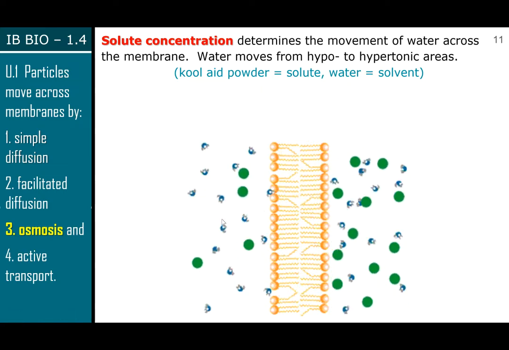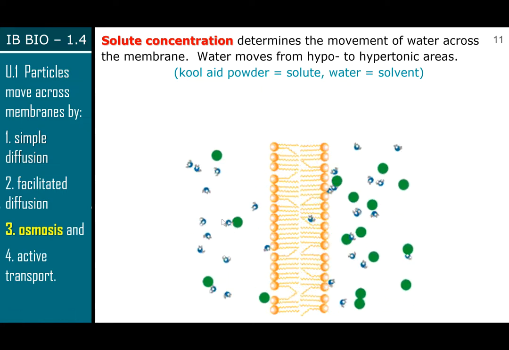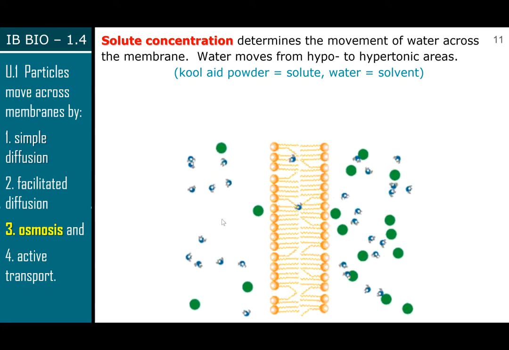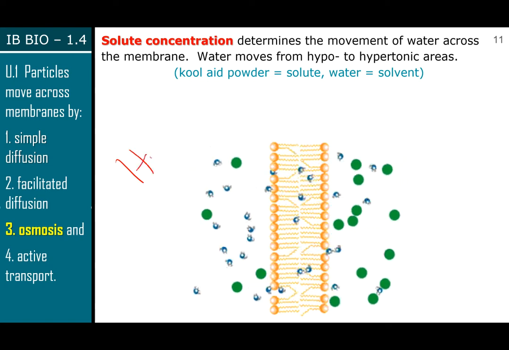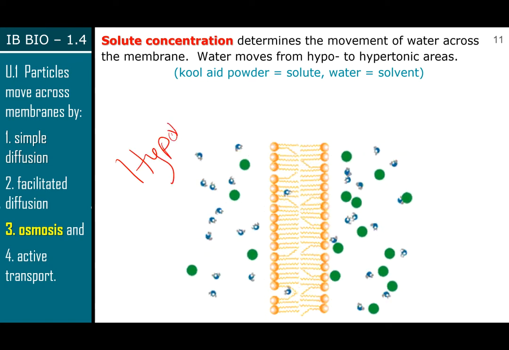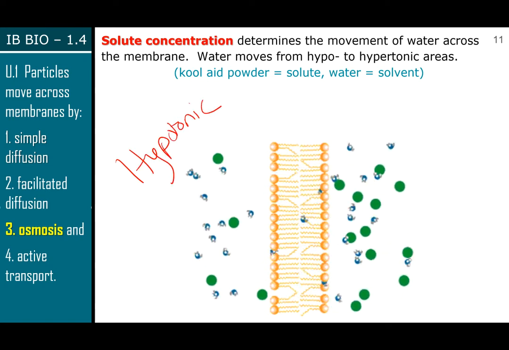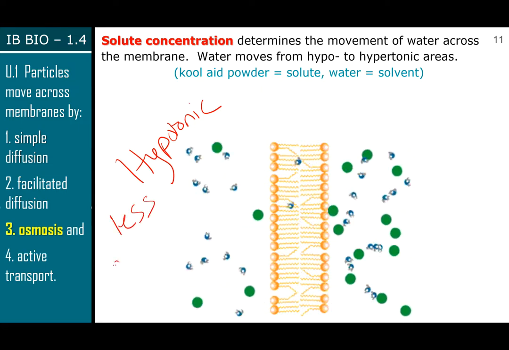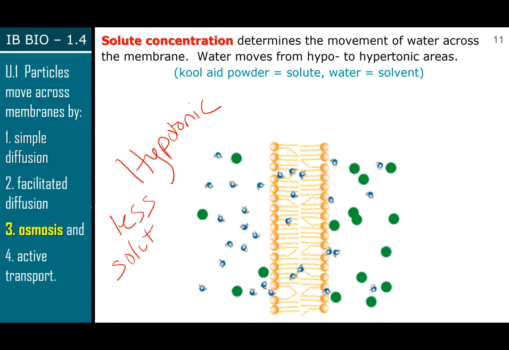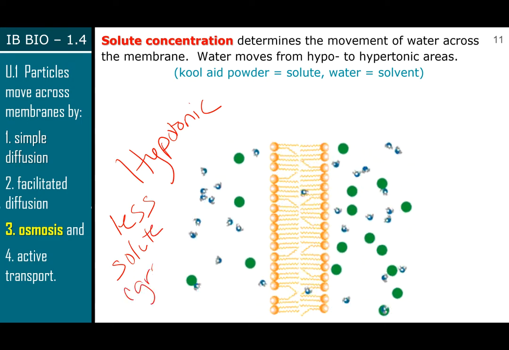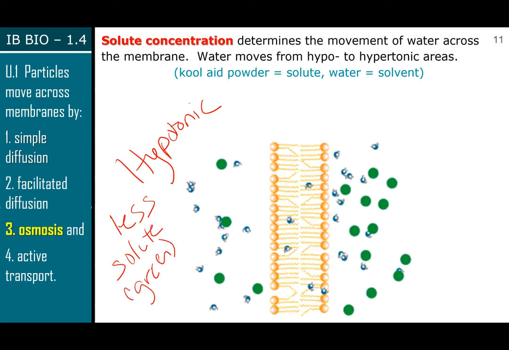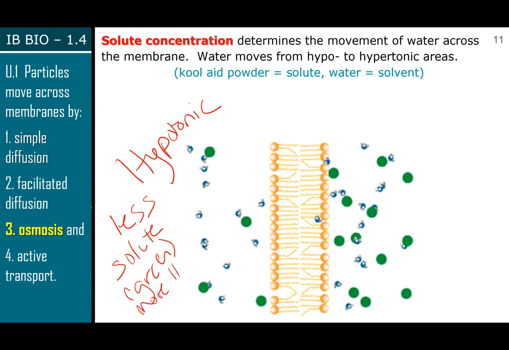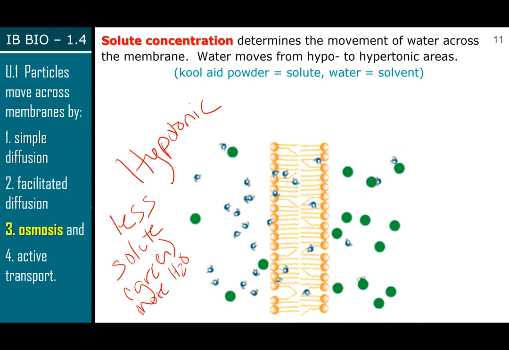So we would say, compared to the other side of the membrane, this side of the membrane is hypotonic. And that's because there's less solute, which is the green. And if there's less solute, that means there's got to be more H2O.